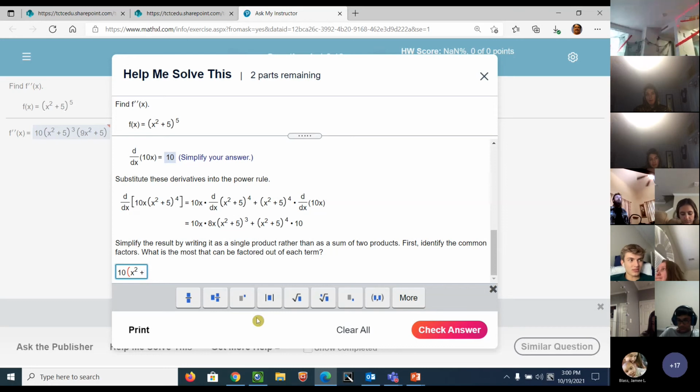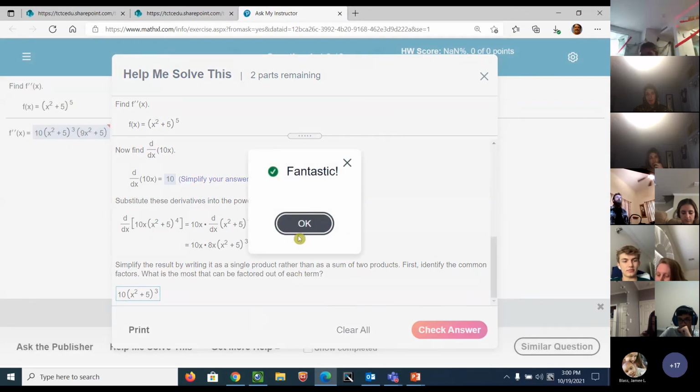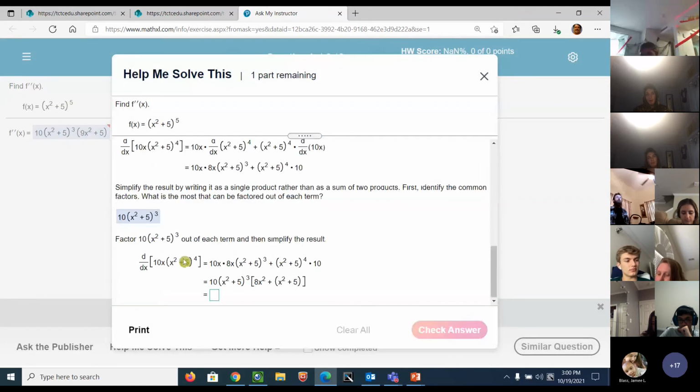So we did the math right. We did the calculus right. (x squared plus 5) to the third power, they're going to factor that out. They factored that out. There it is. And that leaves that. Okay, they did algebra afterwards.